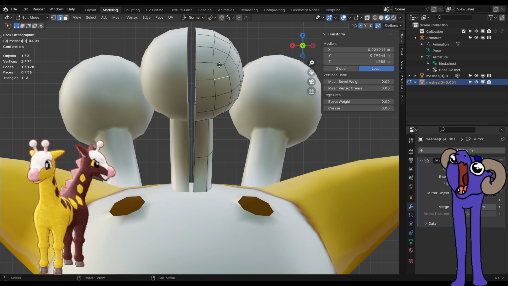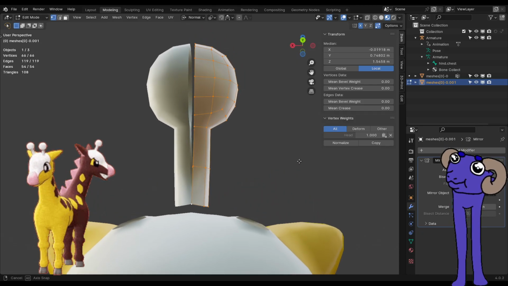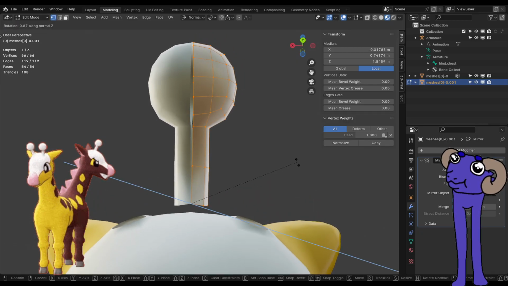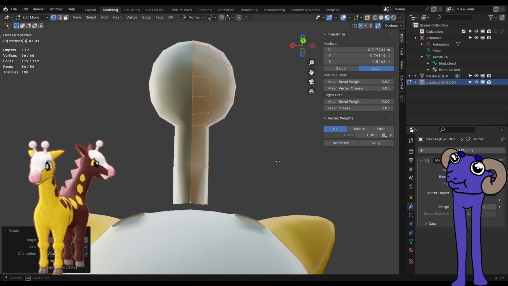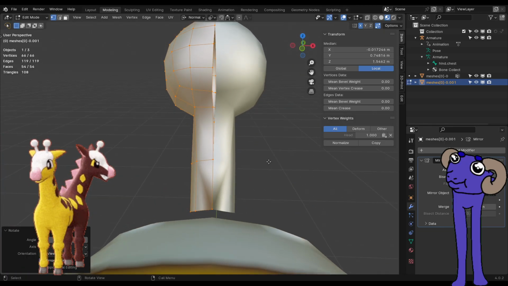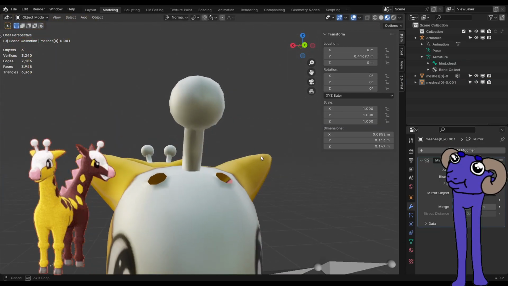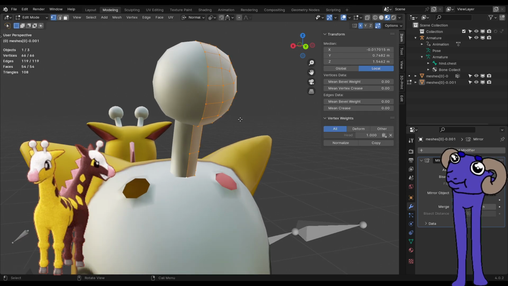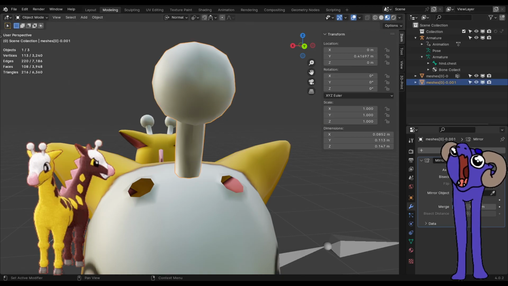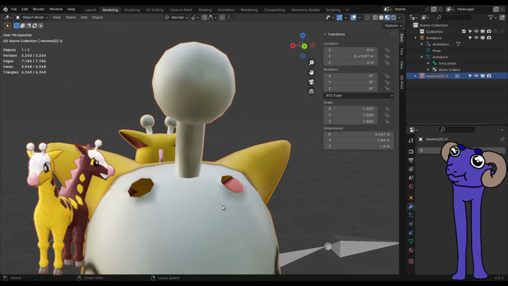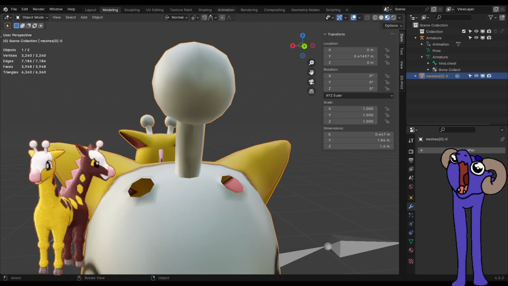And we're going to turn on clipping, and we're just going to smush you together until you look correct. There we go, perfect. And then we need to go and apply, and then join. Also, probably just to make sure, symmetrize.